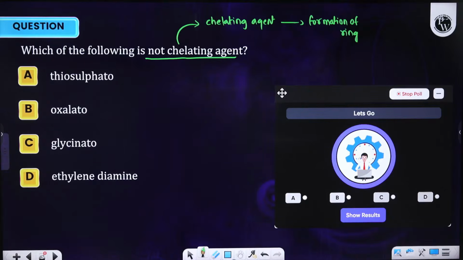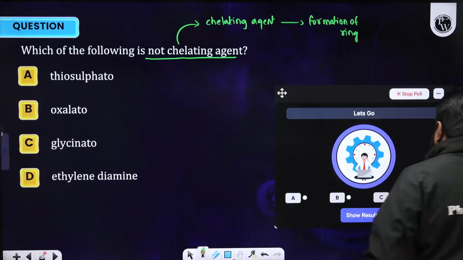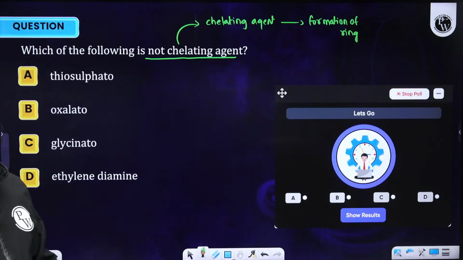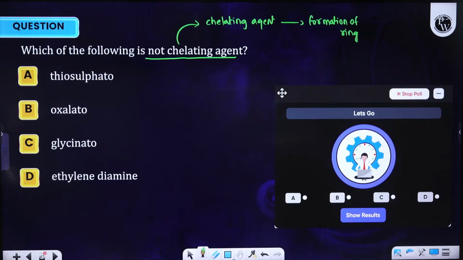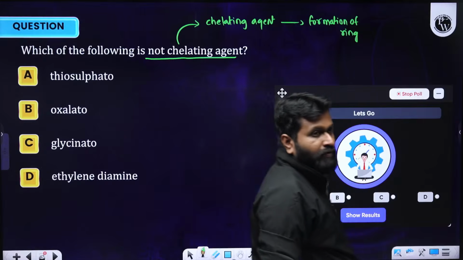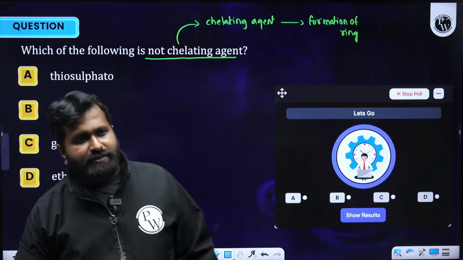Direct question. What is the answer, my dear students? Quick, let me know.